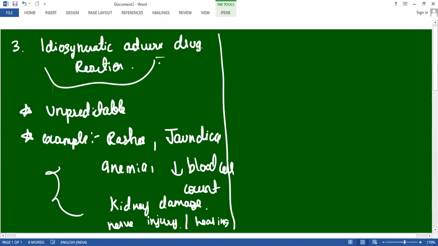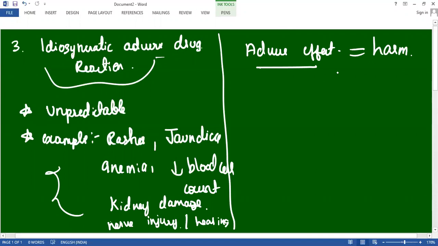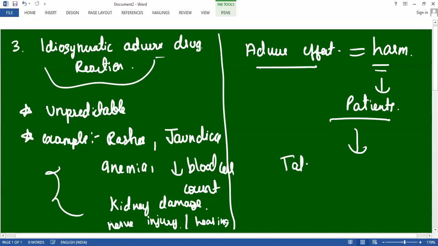These reactions tend to be more serious, but typically occur in a very small number of people, very few people, as I already said. The affected people may have genetic differences in the way their body metabolizes or responds to the drug. So totally, an adverse effect is harm that occurs in patients while they are taking a drug.